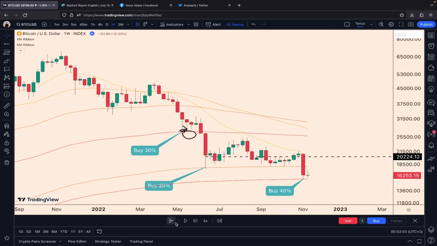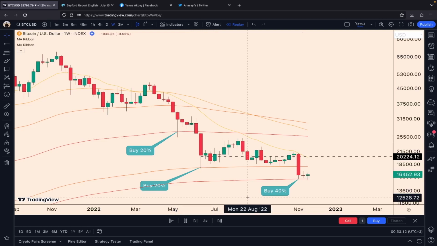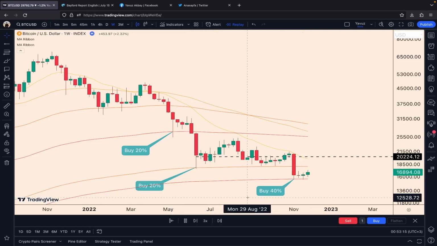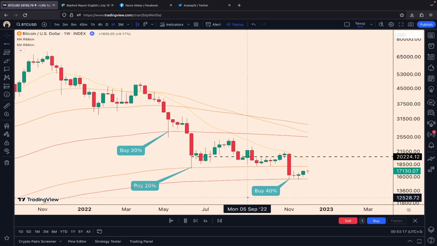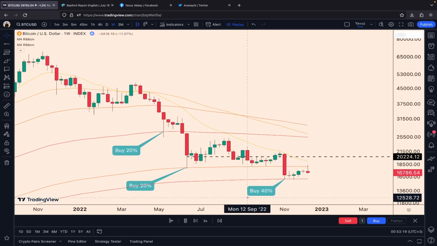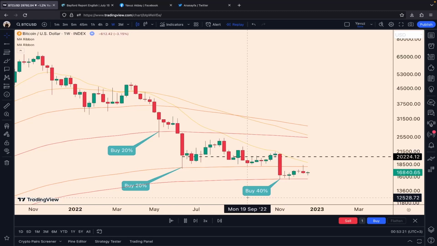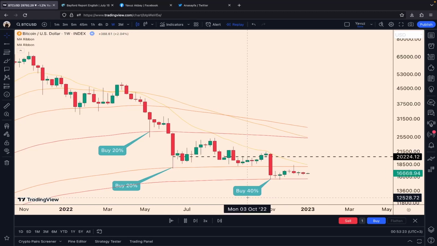What am I doing? Right now I've spent 80% of my capital, and I always leave 20% just in case. So I was waiting for it to go up, which actually happened.